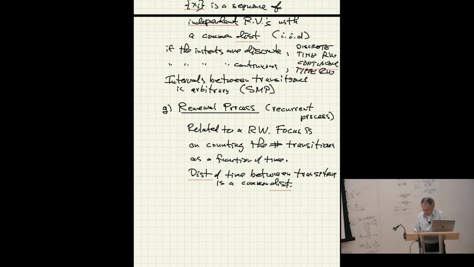And again, to get you started, we start at 0. That is, x of 0 is 0. The first step gives you a count of 1, count of 2, etc., with the time between counts being arbitrary.